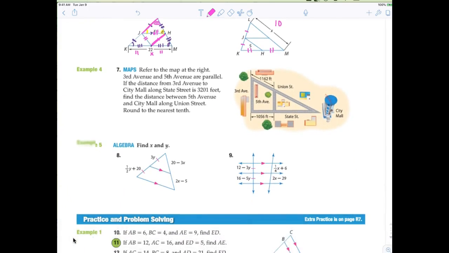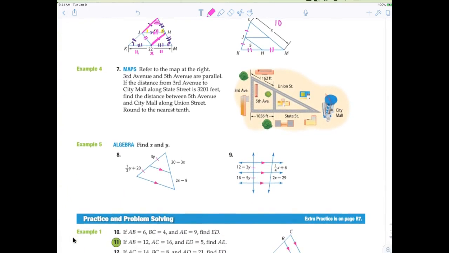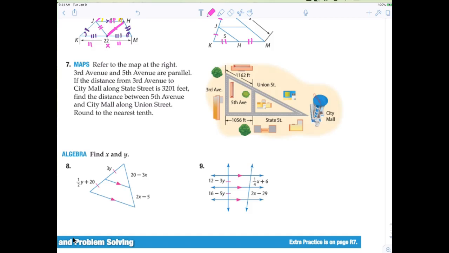So now for question number 7. Let's see what we have here. Refer to the map to the right. 3rd Avenue and 5th Avenue are parallel. If the distance from 3rd Avenue to City Mall along the street is 3201, where am I at?